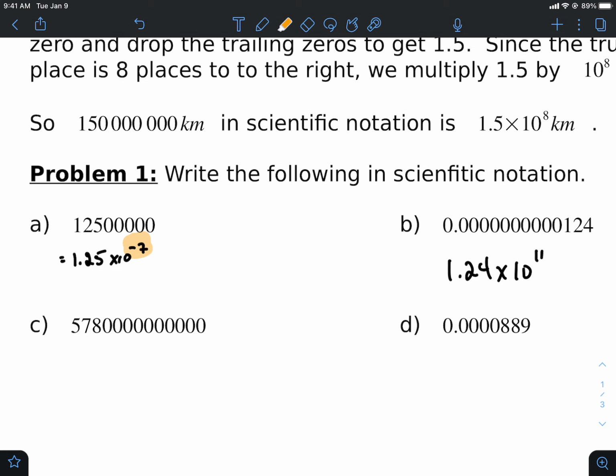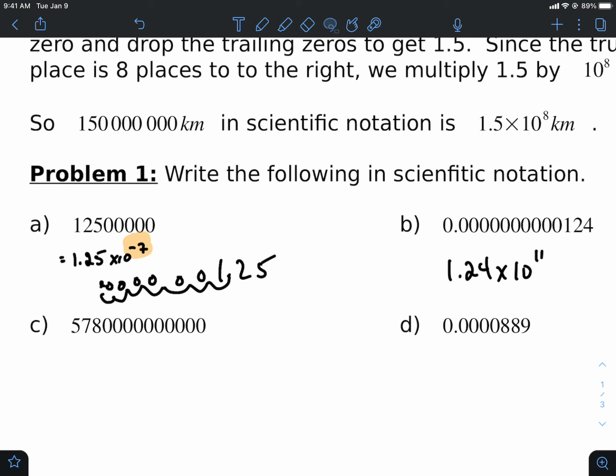This is almost like a check. Like you think back to your linear stuff. If I were to actually do this and convert it, this is telling me to move this 1.25 decimal left 7 times. 1, 2, 3, 4, 5, 6, 7. Is this the number that's in the question? We went the wrong way.